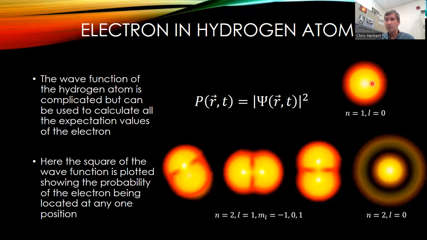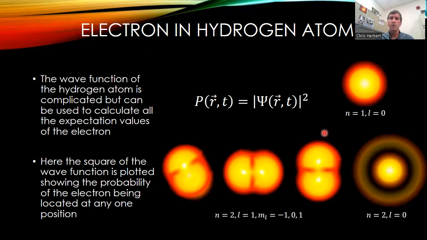The most probable place that I would find the electron, if I actually tried to measure it, would be at the very center. With these standing waves, the Heisenberg uncertainty principle tells us that a wave does not have an exact position and momentum, and that it's limited in terms of what the spread in positions can be for a given spread in momentum.